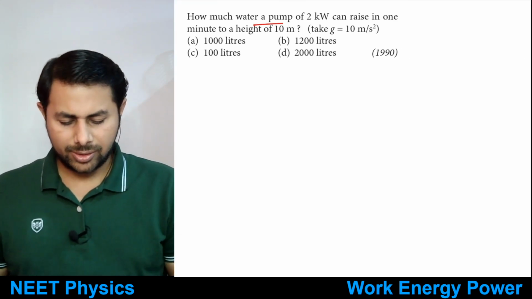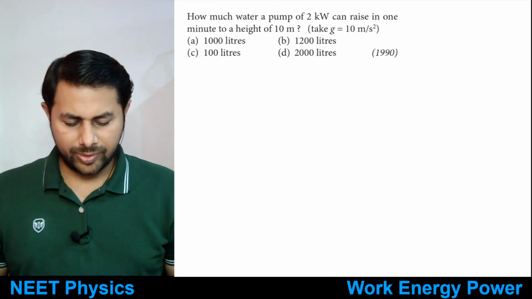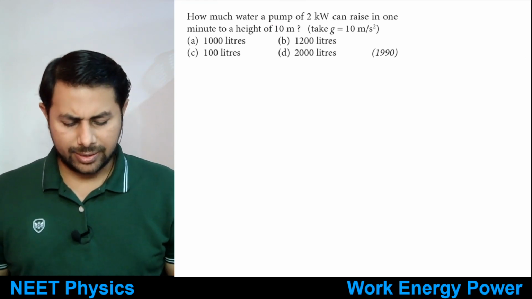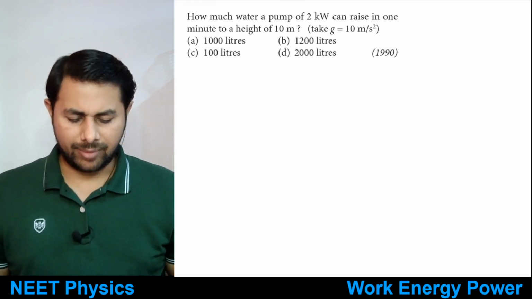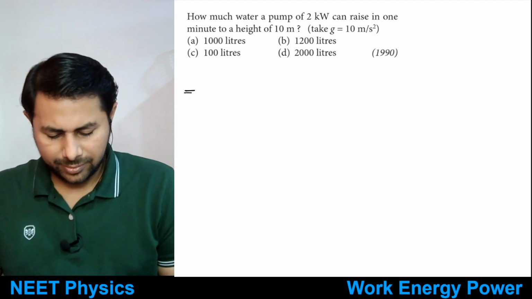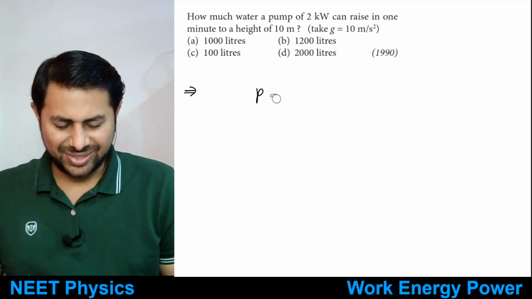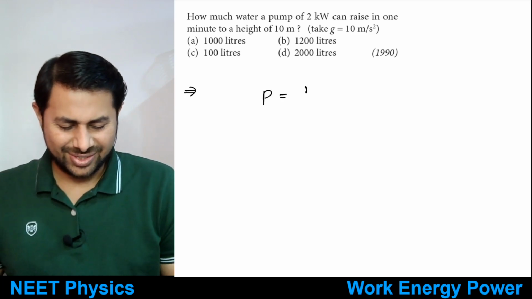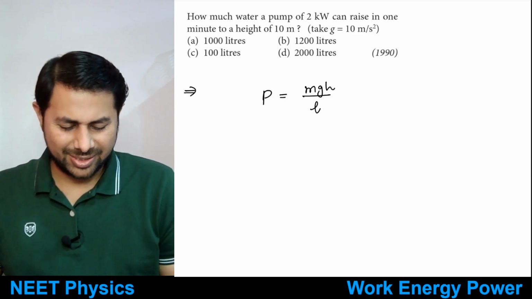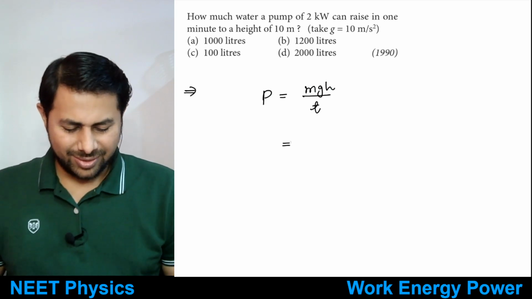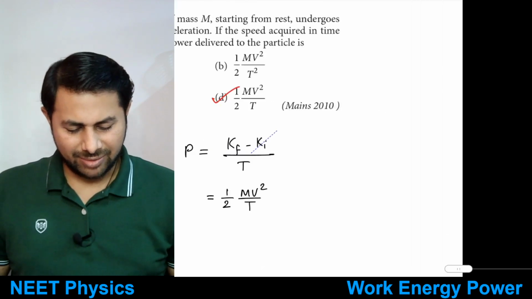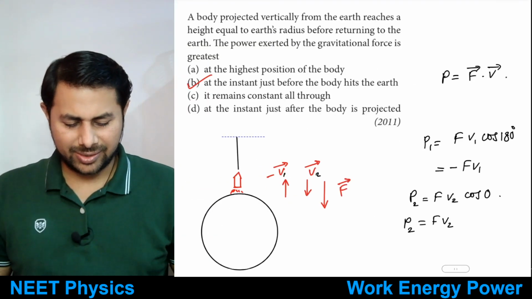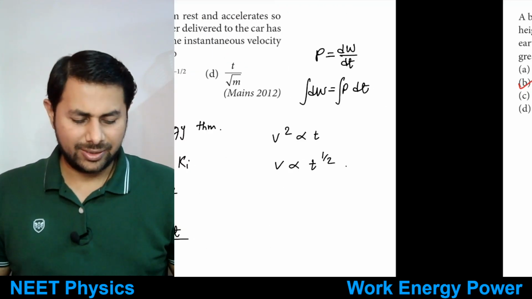How much water can a pump of 2 kilowatt raise in 1 minute to a height of 10 meters? So this is very simple. Power is just equal to mgh divided by T, but this is a very old question. Recently there were questions like this, right?